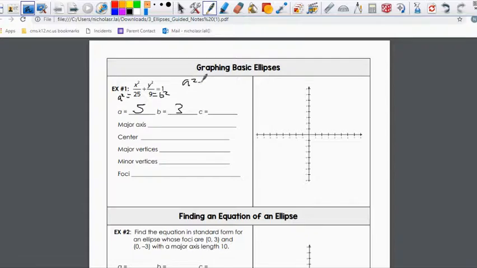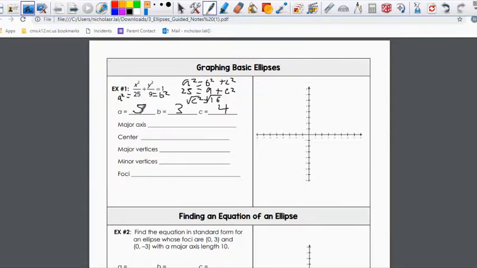So if 25 equals a squared and 9 equals b squared, then 25 is equal to 9 plus c squared. Do some math, and c squared is equal to 16. Take the square root of each side, and c is equal to 4.